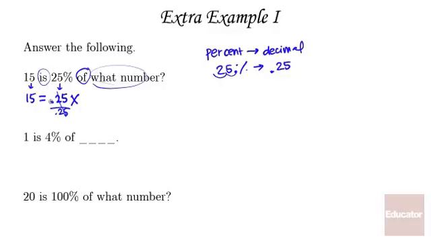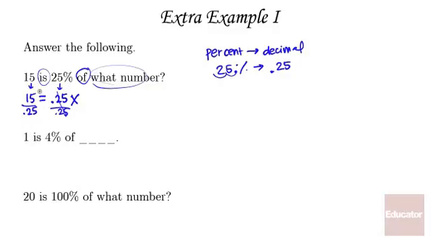Whatever I do to one side, I have to do to the other side of the equal sign. So I also have to divide this side by 0.25. It looks like a fraction, but fractions are division problems. So this is the same thing as 15 divided by 0.25.